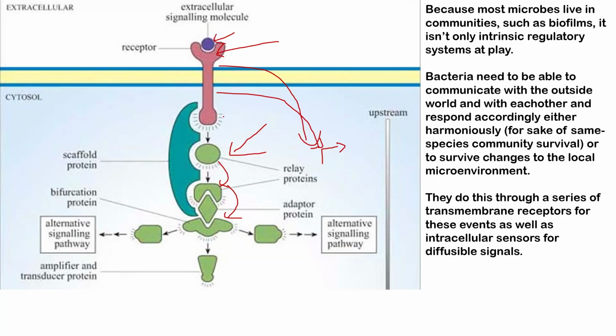This causes a histidine or a tyrosine kinase to phosphorylate one of those residues, and then you get a phosphokinase relay system that signals down to its amplification or transducer protein, and eventually causes a change in either genetic or protein functionality.